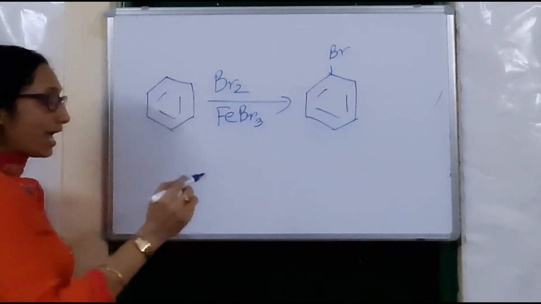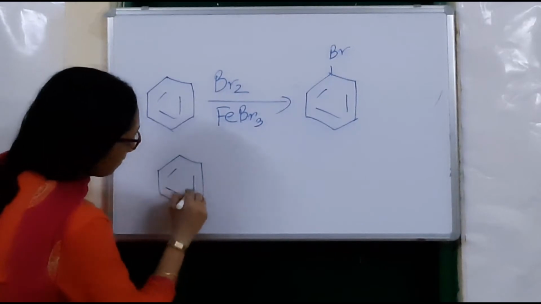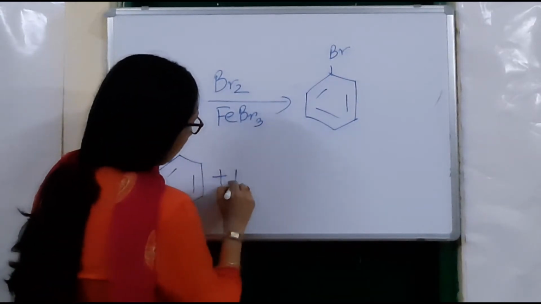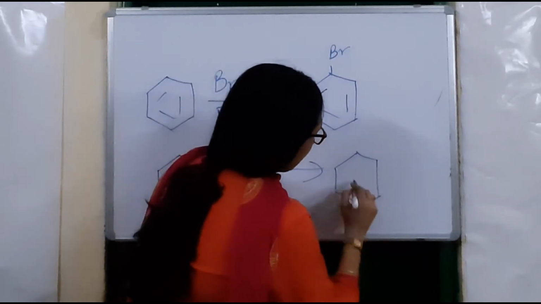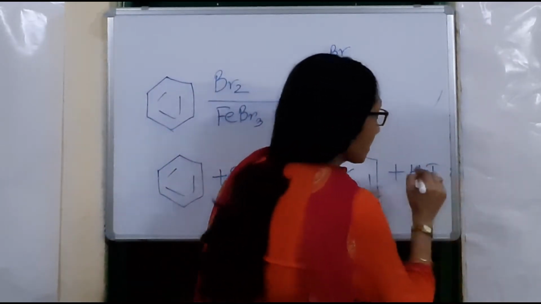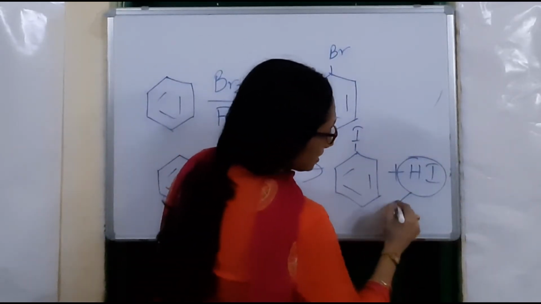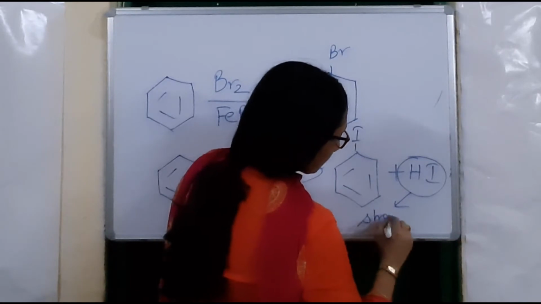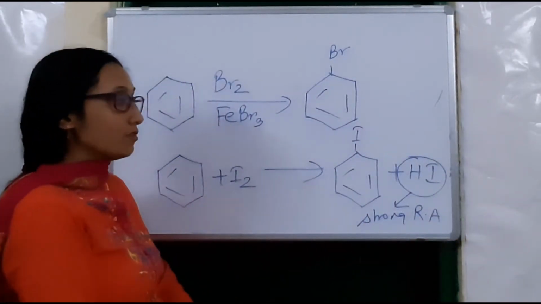Now what about iodobenzene? Suppose if I treat benzene with iodine, we expect this, but this HI is a strong reducing agent. So what will this HI do?